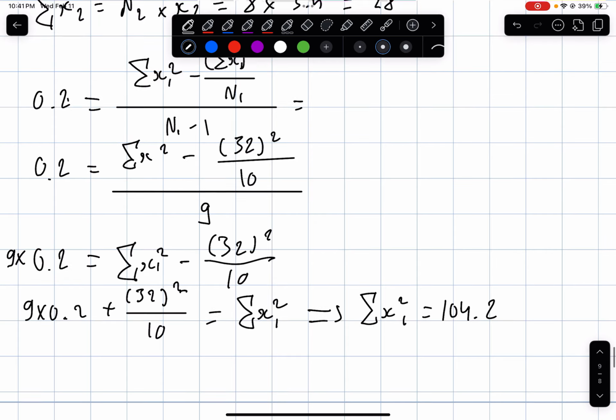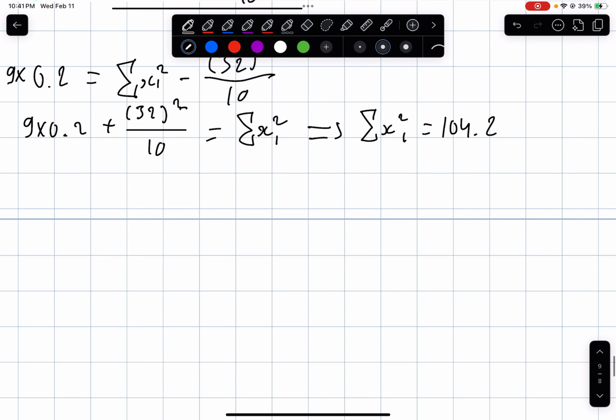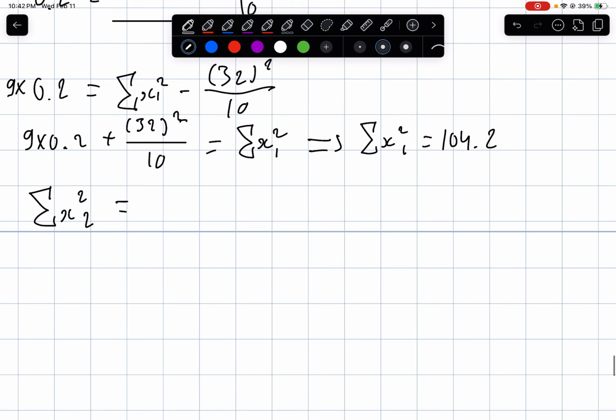The fastest shortcut we can see here is that for our next one, the sum of x squared 2, we know we are going to have the variance of sample 2 times n minus 1 plus the sum of x2, squared, over n, and let's make sure we put 2 everywhere.